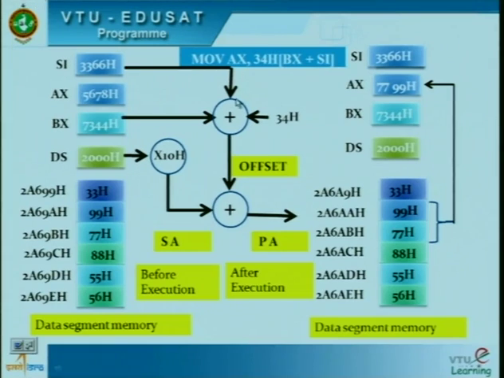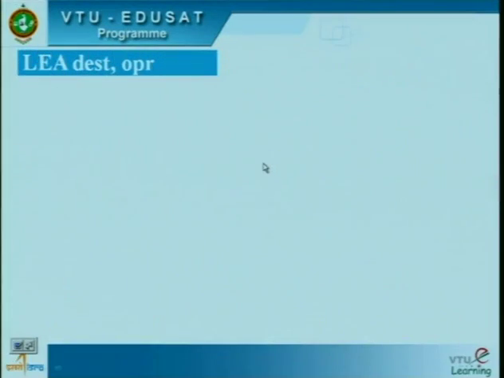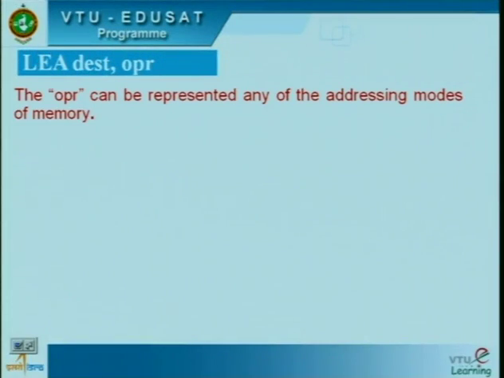However, before adding the offset, the segment base address, which is a 16-bit address present in the segment register, gets converted into a 20-bit segment address by multiplying it by 10, and then the offset is added so that I get the physical address. Now, see, this offset is also called an effective address.